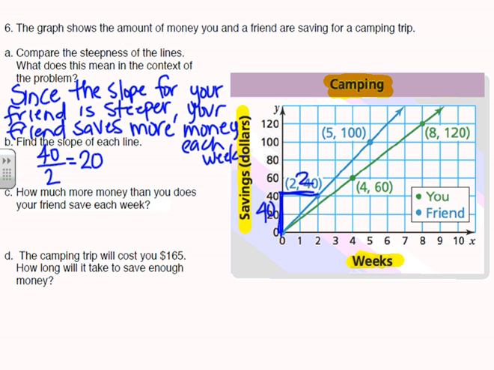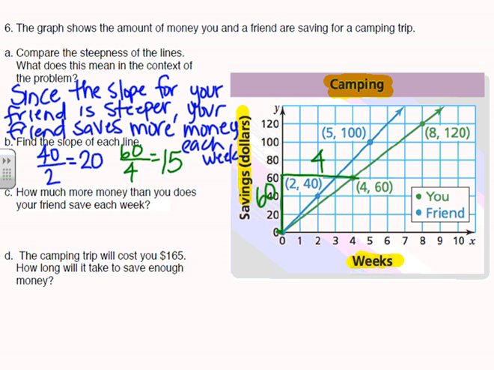That represents your friend. Okay, in green, we'll use the origin going up and over. So this had a vertical distance of 60, and a horizontal distance of 4. So 60 over 4. And then when we divide 60 by 4, we get a slope of 15.